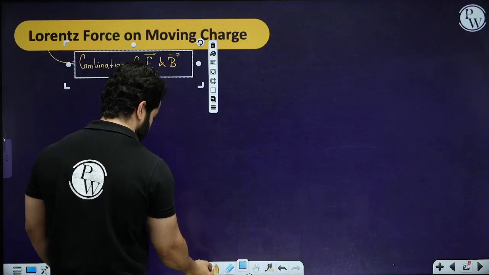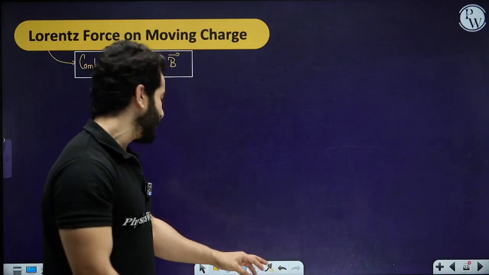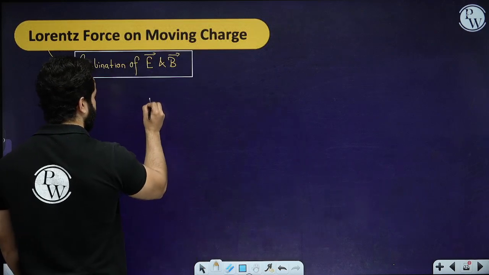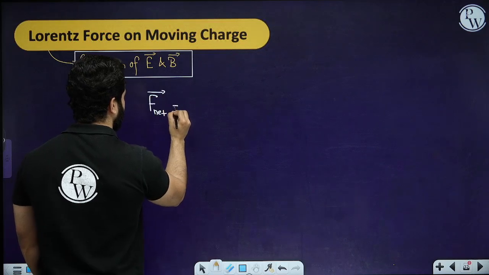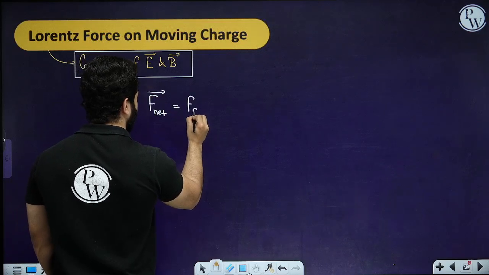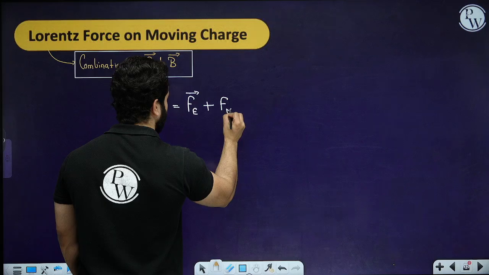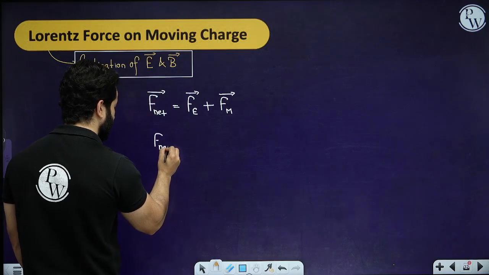If you have a charged particle moving in both electric field and magnetic field, you are going to write the net force as the vector sum of electric force, electrostatic force, plus magnetic force.